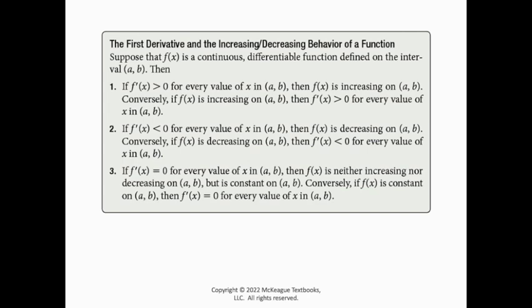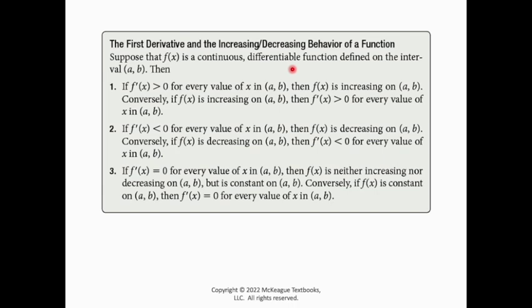In this lesson, we're going to focus on what information we can gather from the first derivative. So if you look here, it says suppose that the function is continuous and differentiable, defined on an interval. So remember back in chapter 1, one of the topics that we discussed that we put a big emphasis on is the continuity of a function.